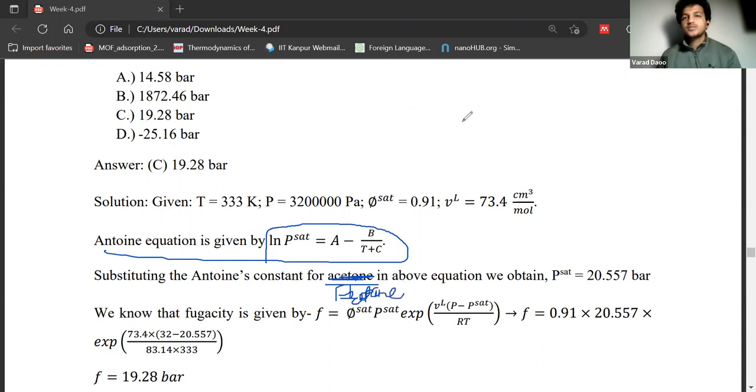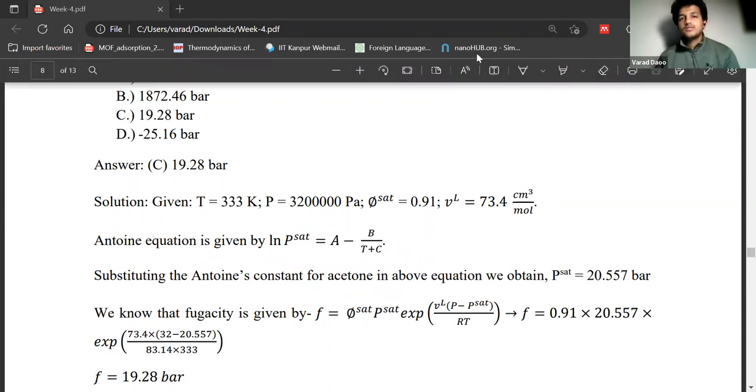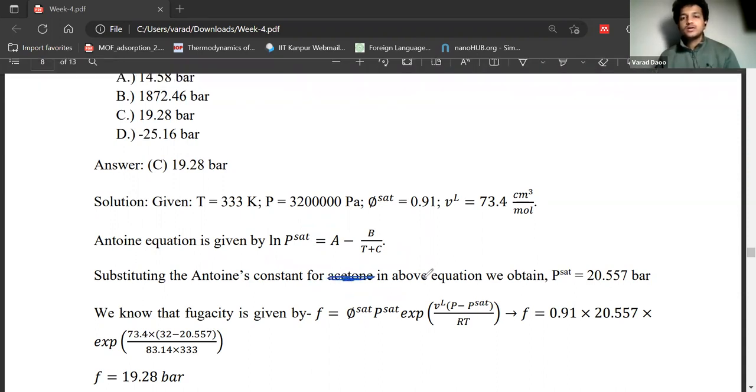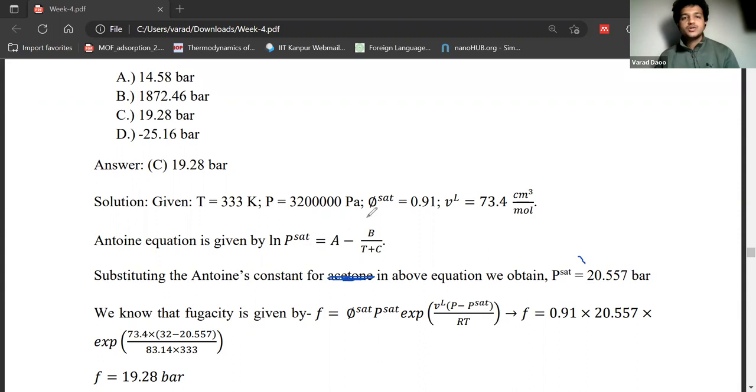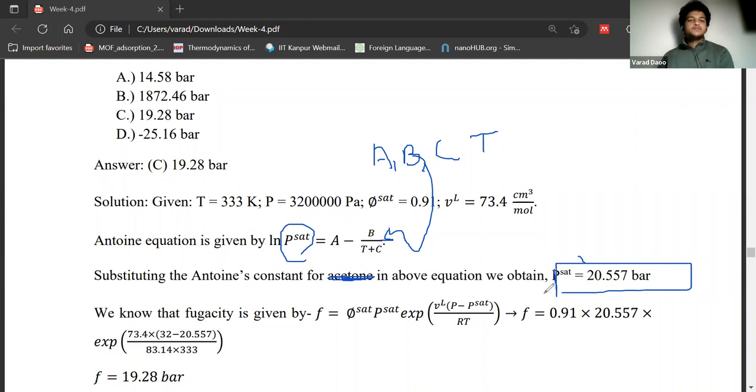Propane or acetone, it's basically a single component. So this is the Antoine expression. We are given A, B, C, and temperature. We put it in this, and then simplifying, we get P sat as 20.577 bar.